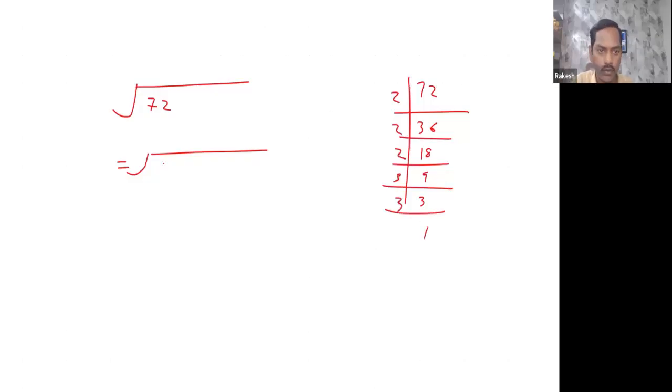So 2 is coming 3 times, 3 is coming 2 times. So we are getting a pair of 2, and we are getting a pair of 3. So obviously from here we'll get 2, from here we'll get 3, and this remaining 2 is unable to make a pair, so it will remain as root of 2. So this comes out as 6 root of 2. You can check, we just did that, right? Okay, so enough practice is done for this.